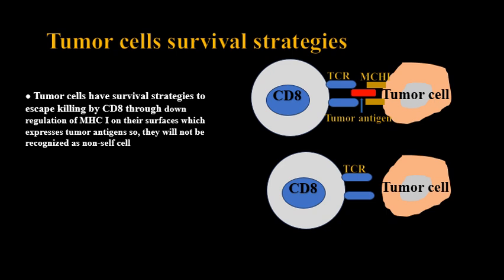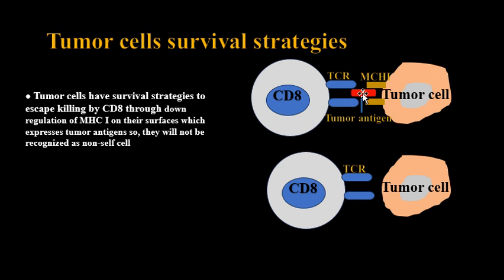However, tumor cells have some survival strategies to escape killing by CD8 through down regulation of major histocompatibility class 1, and this will lead also to down regulation of endogenously produced antigens. As can be seen here, this is a normal cell.